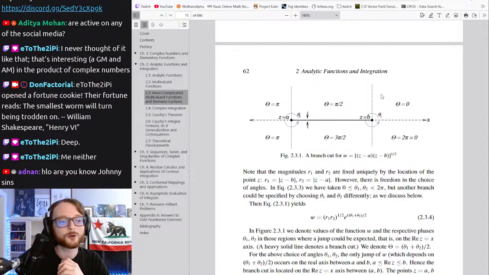I feel like any worm, if you trod on it, is going to do something. But yeah, those fortunes come from a random list I found on Google of like 2,000 of them. And also, a Shakespeare quote doesn't belong in a fortune cookie either, I don't think. Do I know Johnny Sins? I do know him. He's a man of many professions.